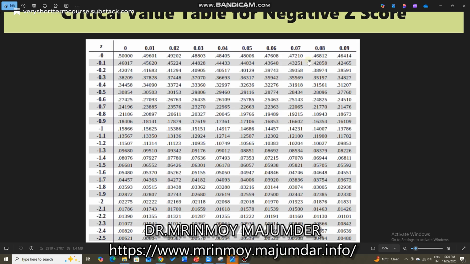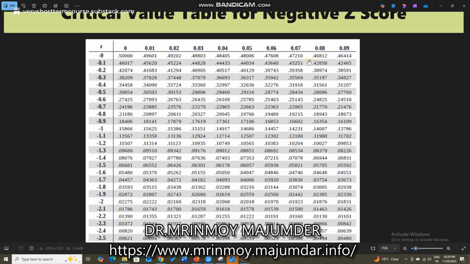Now, if your critical value of Z is minus 0.07, then the calculated Z score must be more negative than the negative critical Z score. It must be around minus 0.17 or minus 0.18, like this.